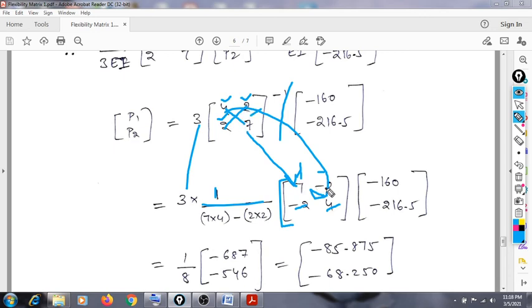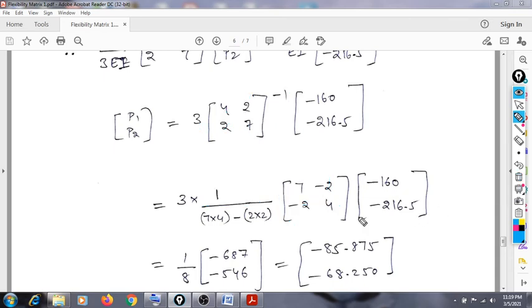We write B as minus B and C as minus C, and these 2 are as they are. After that we have to do the calculations.